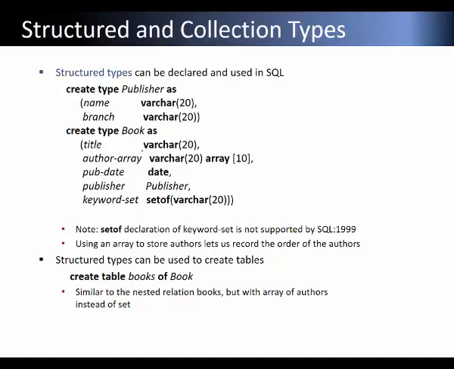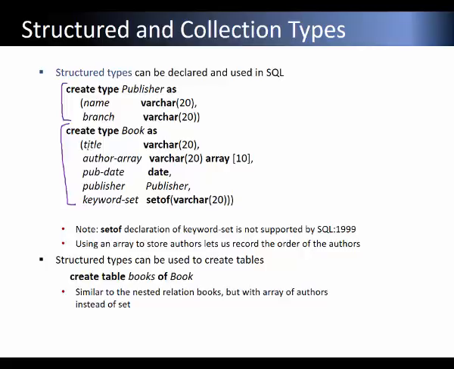So as an example, two tables are created. Create table publisher as, open parenthesis, name. Any italic is something that you need to define. In order to create the publisher table, you need to use the reserved words in boldface here: create table, as, varchar.